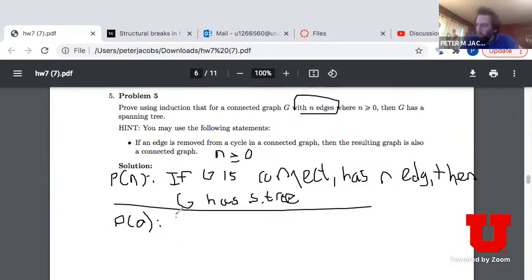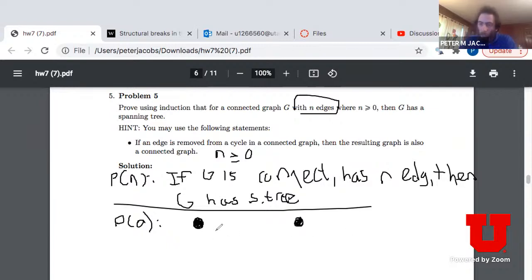So the one node on its own, if you just have this one node, the graph doesn't have any edges. We also know it's connected, so we don't have something like this. If, let's say, G wasn't connected, then we could be in a situation where we had two vertices and no edges, in which case there is no spanning tree.